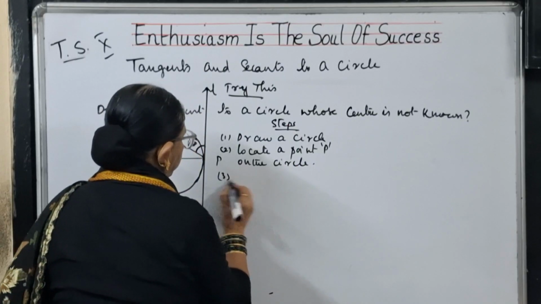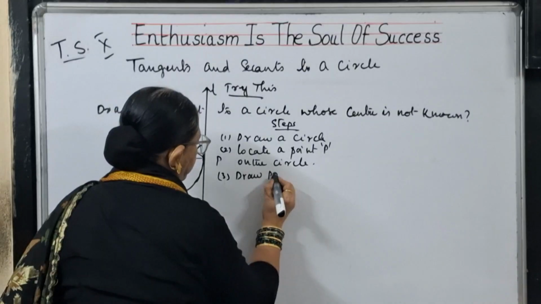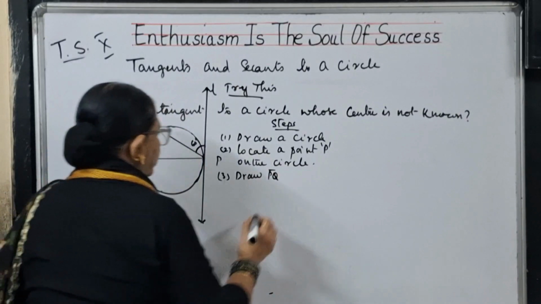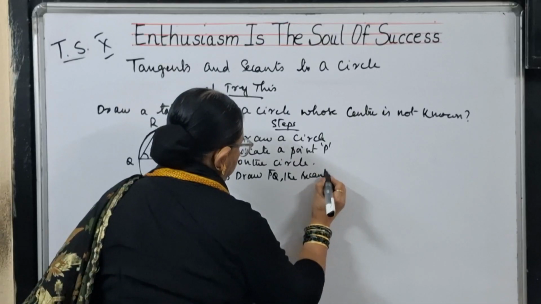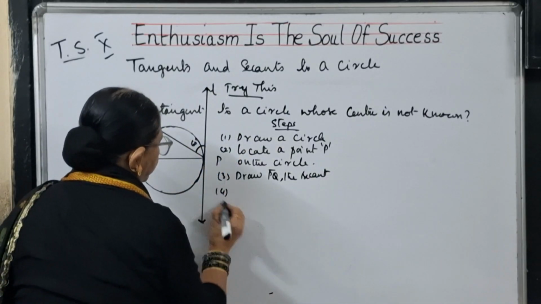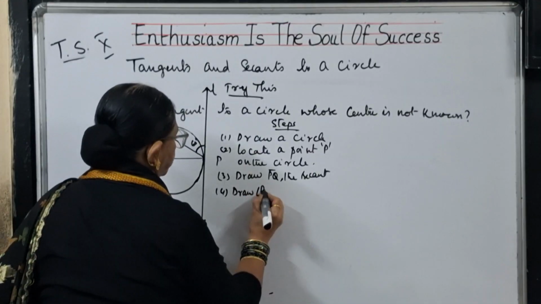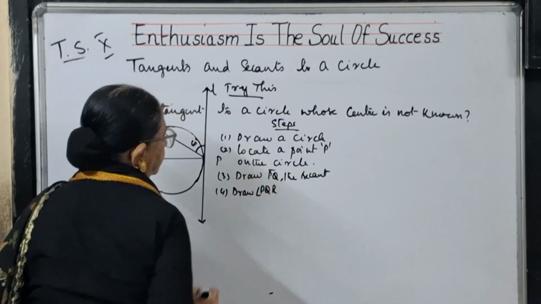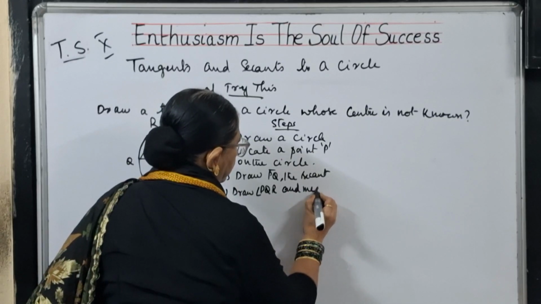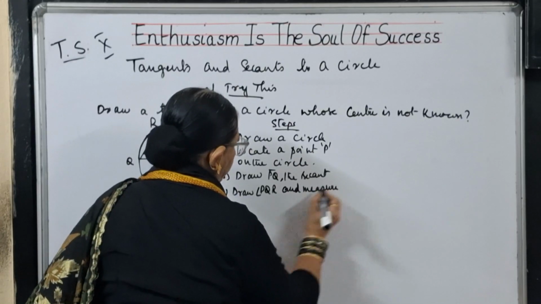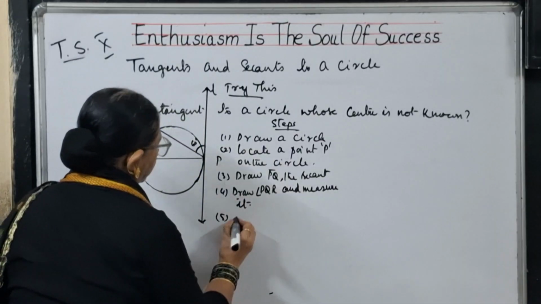Third, draw the line segment PQ. What is it? It is the secant. Fourth, draw angle PQR and measure it. Afterwards, join R and P.